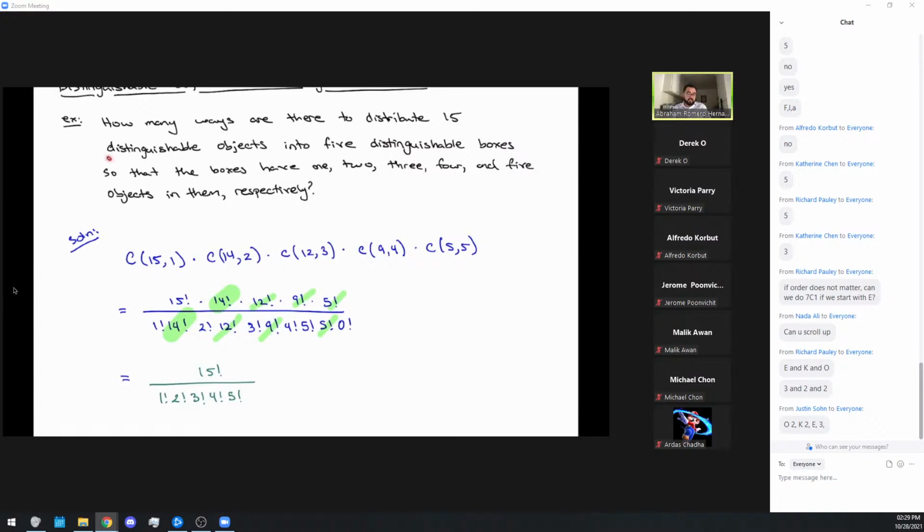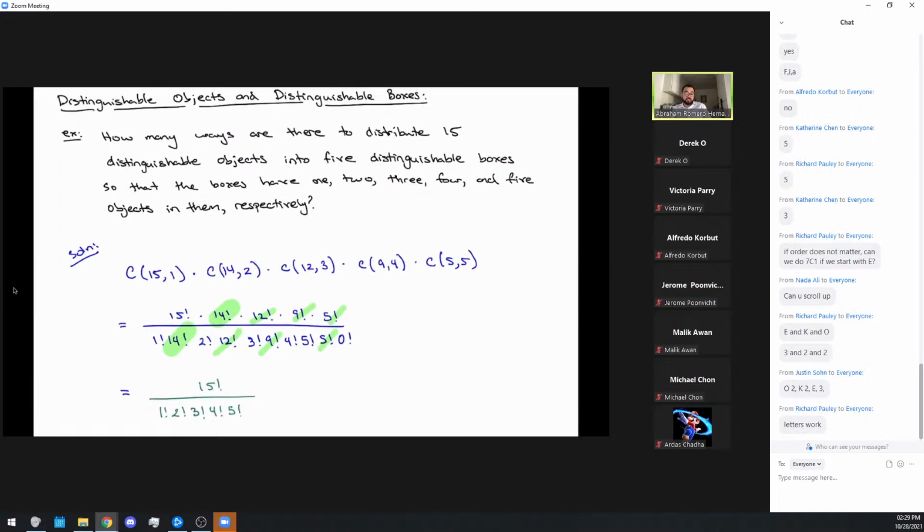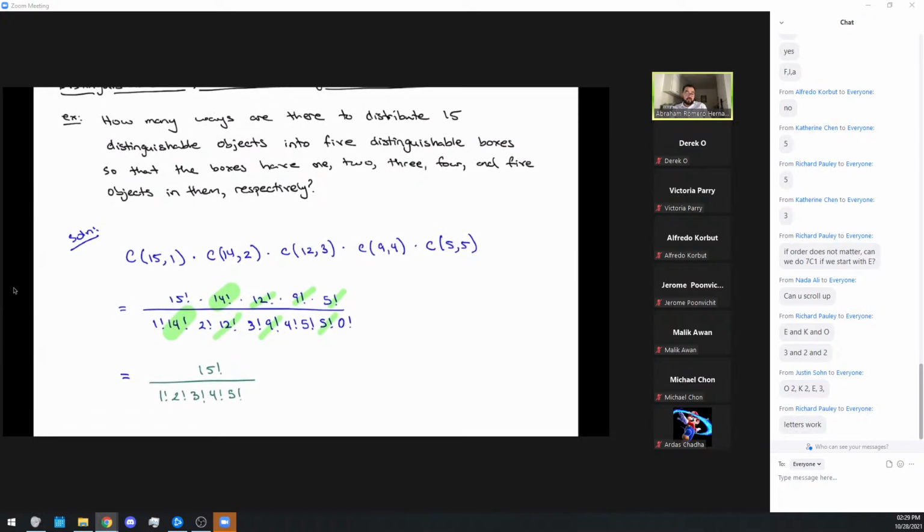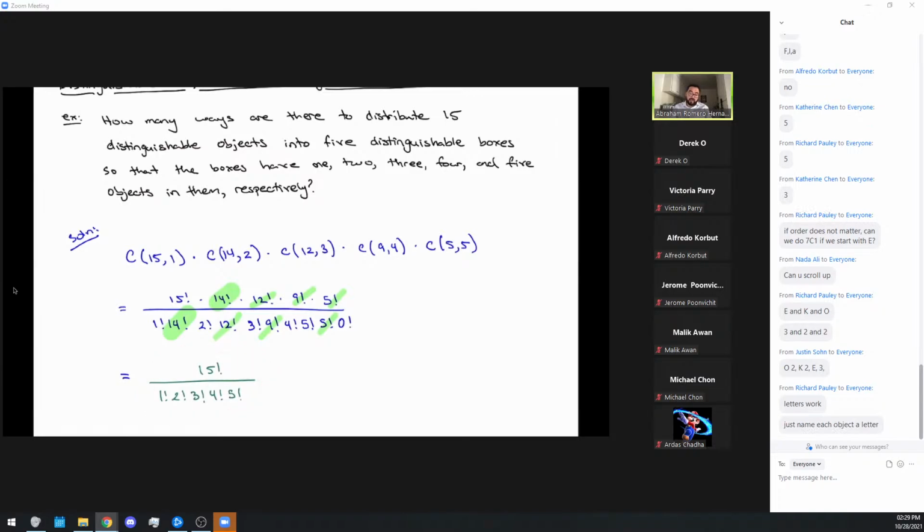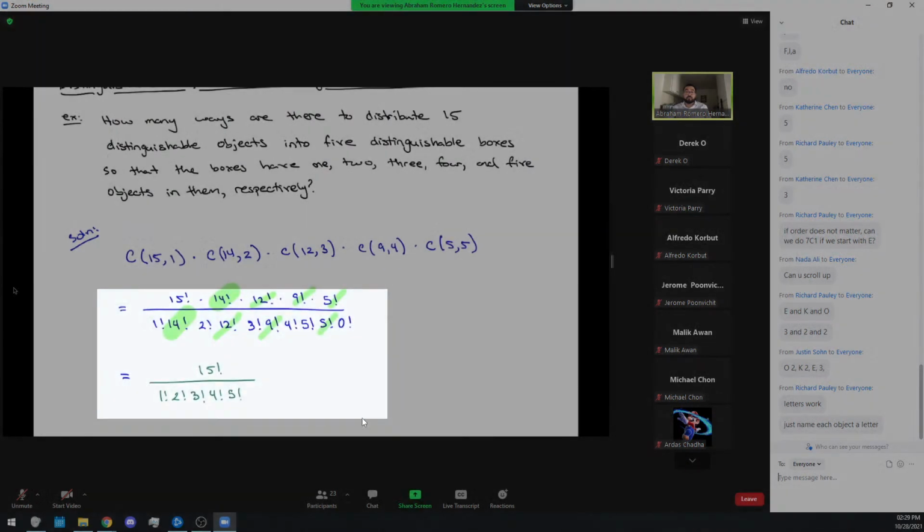But I don't know if I want to say letters, because they say it's distinguishable, so they're all different. So maybe that's not a good analogy. But when you have distinguishable boxes and distinguishable objects, it's just simply this rule: N factorial divided by whatever you have in each one of those boxes.